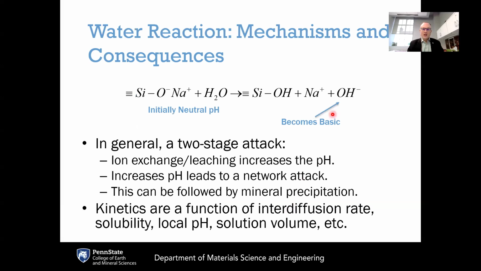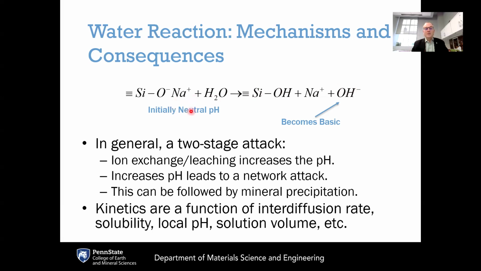Now, one of the interesting things about the reaction of glass surfaces with water is that we can start off with an initially acidic or initially neutral pH, and as a result of that ion exchange reaction, that increases the pH of the solvent such that it eventually becomes basic.